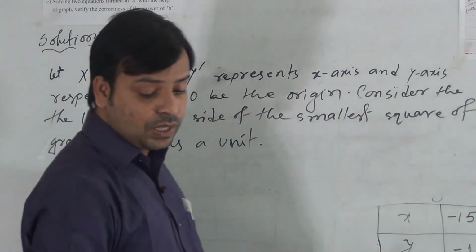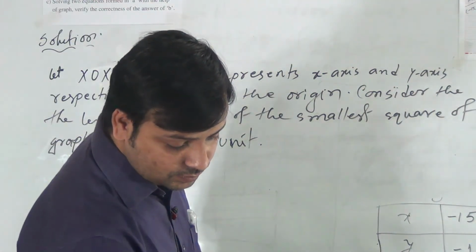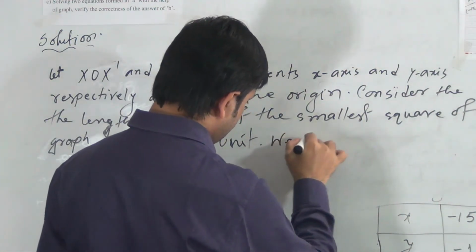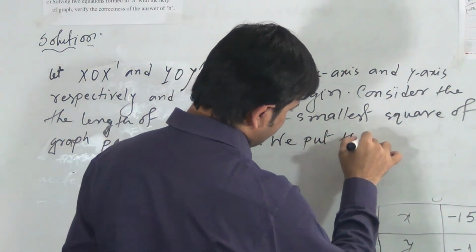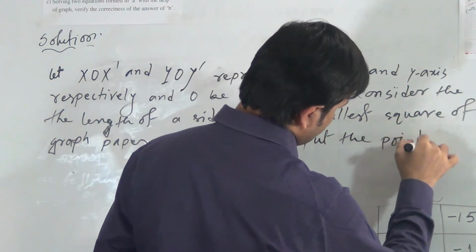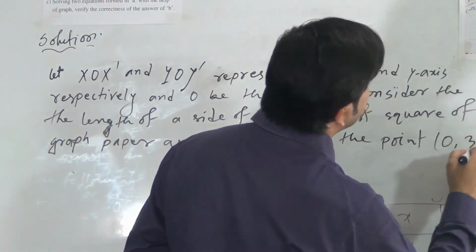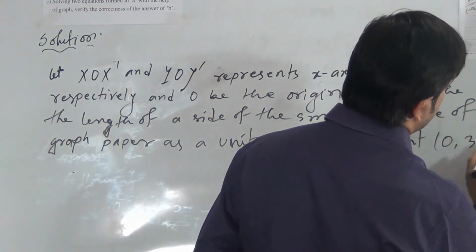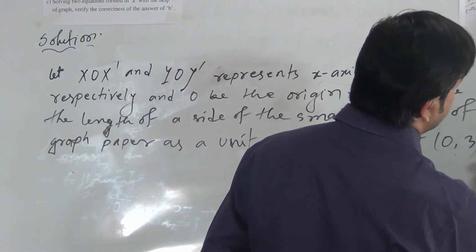Now put the points. We put the points 0, 3. Another point is 55, 25.